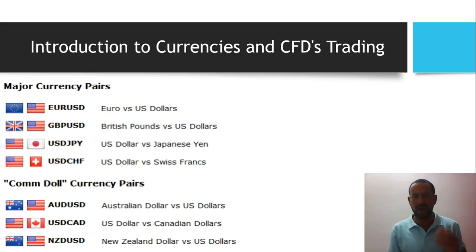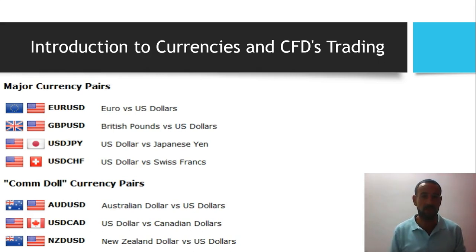So if we have the US dollar in every one of those, what happens if we take out the dollar and we begin to cross the other countries between themselves, right? That's where we go to the second group, which is also heavily traded. All of these currencies still represent the biggest economies in the world, right?